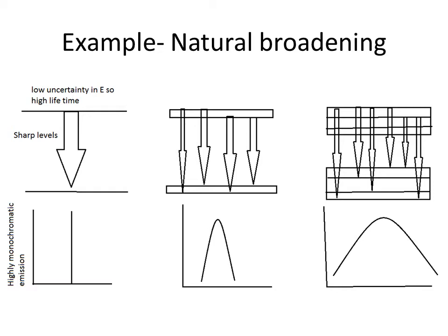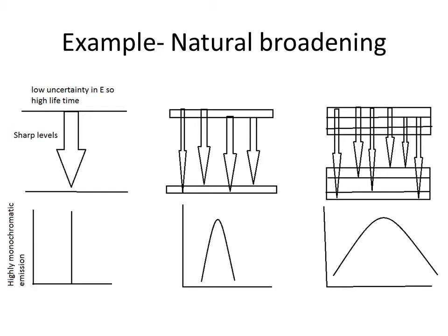The energy levels are drawn like lines, which means the energy levels are very narrow. So the upper energy level and lower energy level are both extremely narrow, or sharp, energy levels.